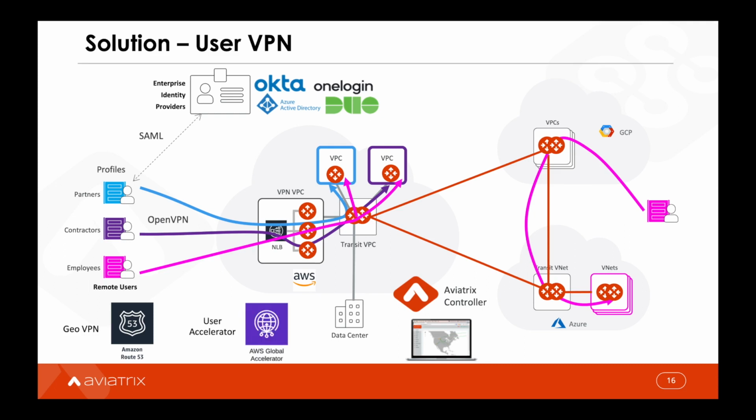Additionally, User Accelerator is a feature in which Aviatrix integrates with AWS Global Accelerator to get the user onto the AWS Global backbone as early as possible in order to achieve not only low latency, but also deterministic latency.